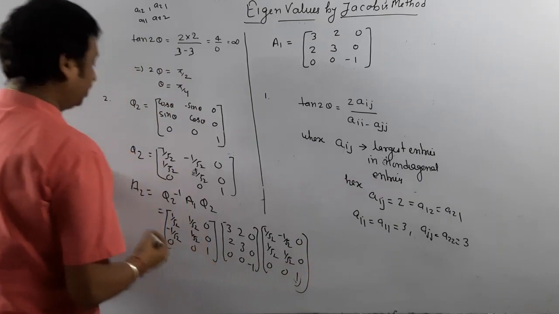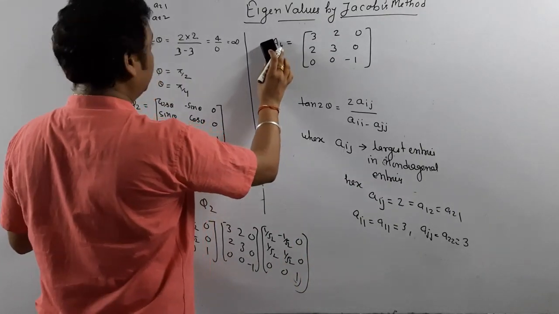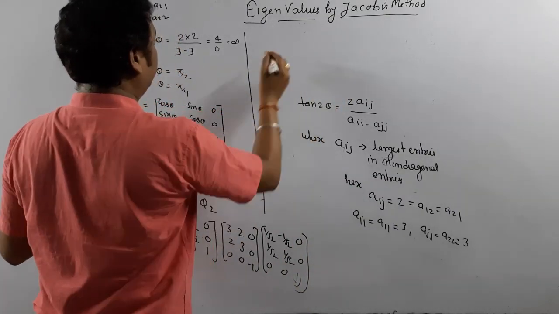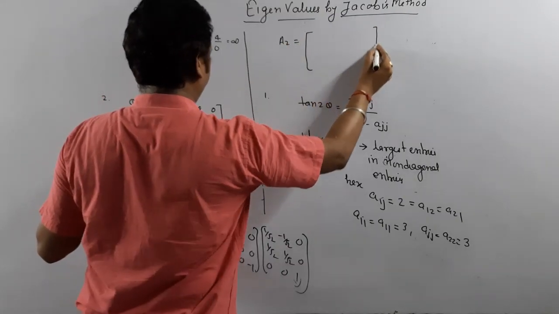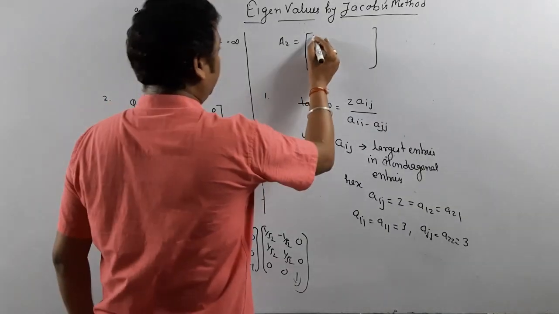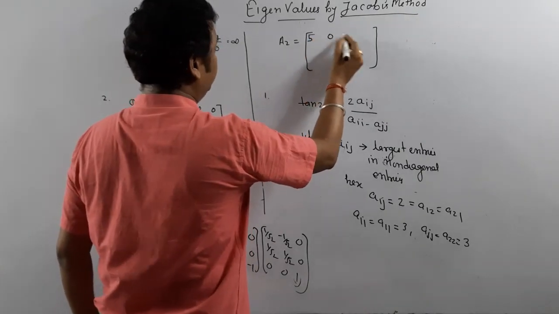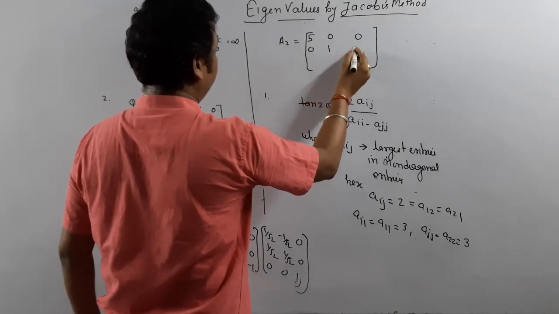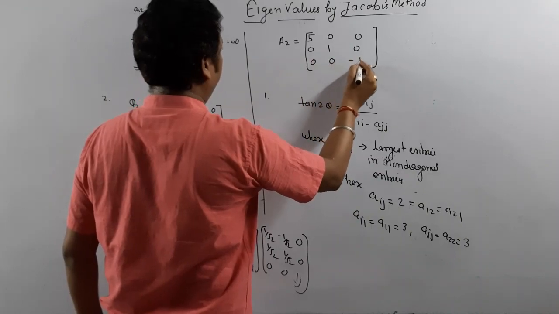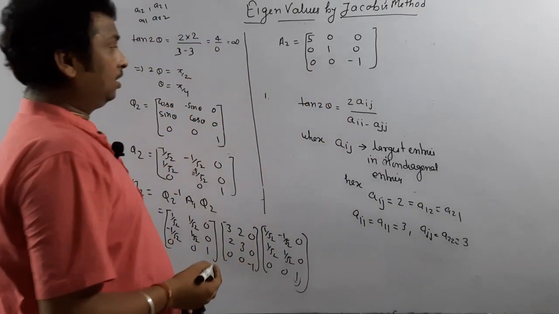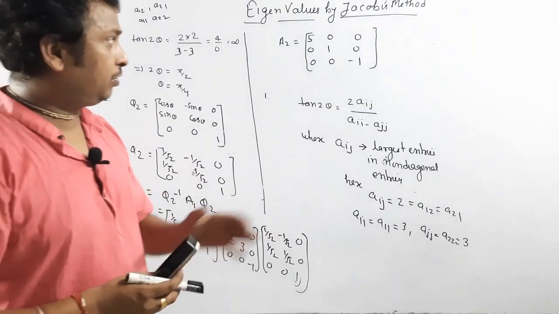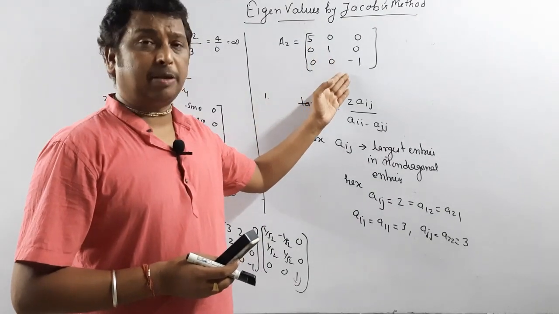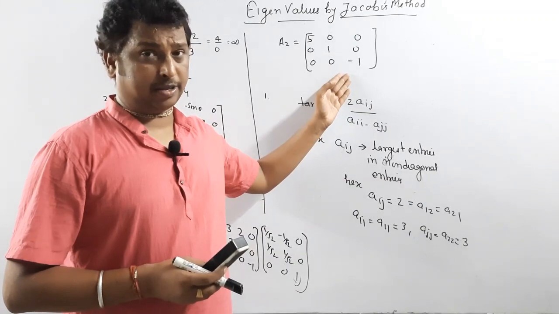When you multiply, you will get the A2 value. What is A2? We get 5, 0, 0, 0, 1, 0, 0, 0, minus 1. Just check. Now, this is A2, and my friends, what type of matrix is this? This is a diagonal matrix.